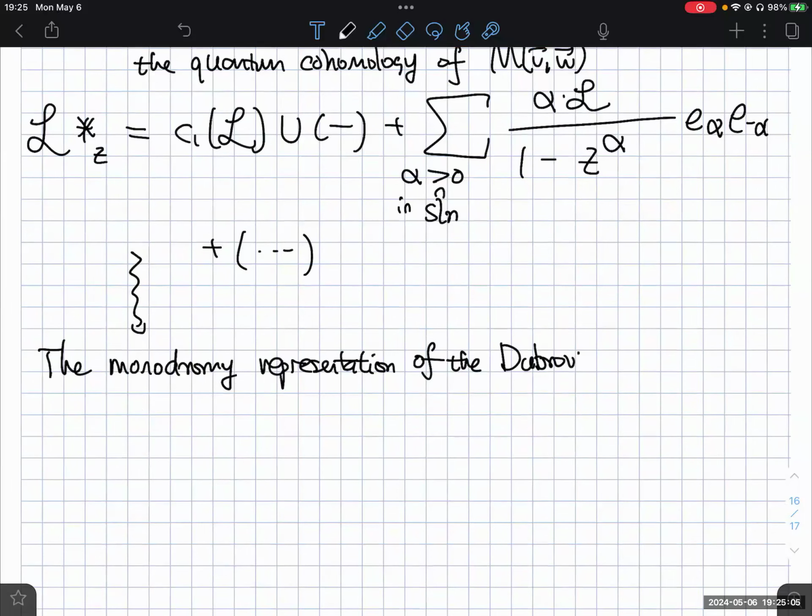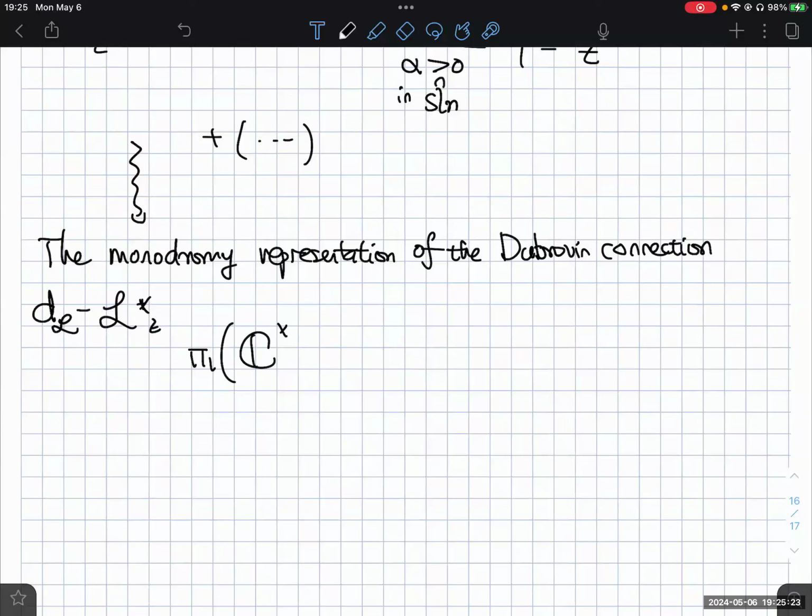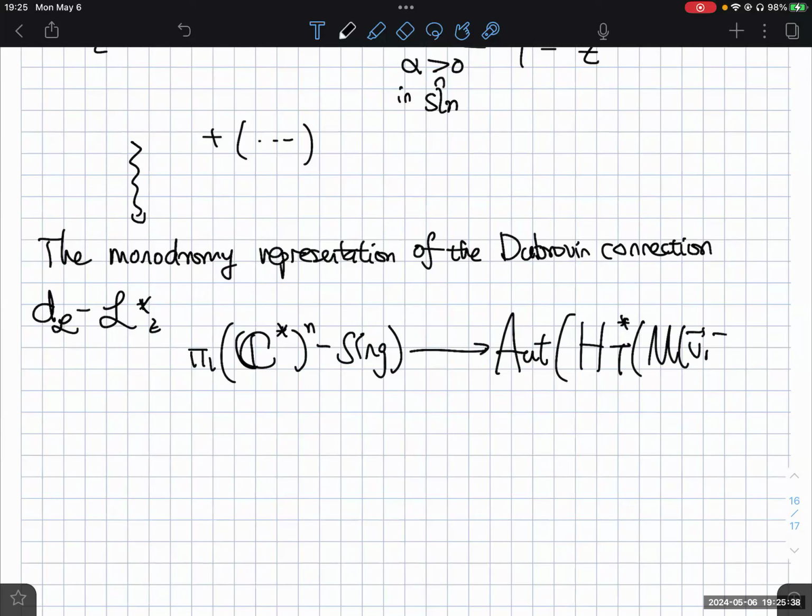So the final result is that the monodromy representation for the Dubrovin connection, taking some singular walls, to the automorphism of the algebra, is generated by these monodromy operators.